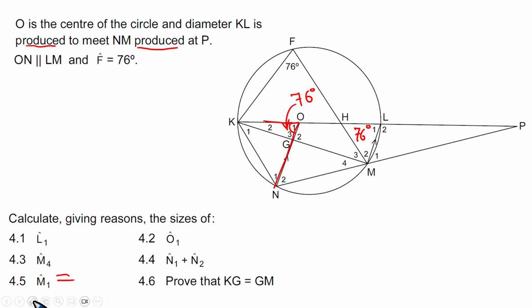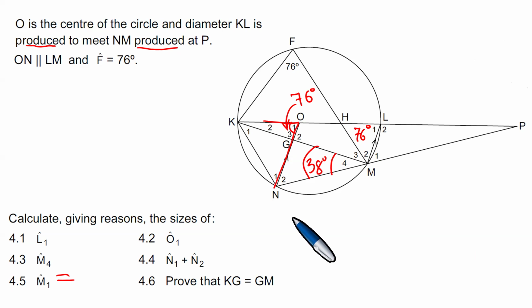What did we find the angle M4 to be? We found it to be 38 degrees. So if the angle M4 is 38 degrees, then what is the size of the angle M1?